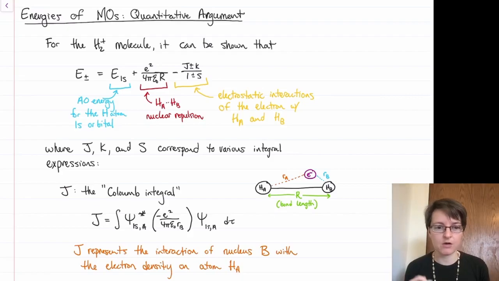I'm going to briefly go over what these terms, J, K, and S, showing up in my yellow term represent so that you can understand them from a chemical interpretation. And then we're going to plot these functions so that you can see how the energies of the orbitals vary as a function of bond distance.